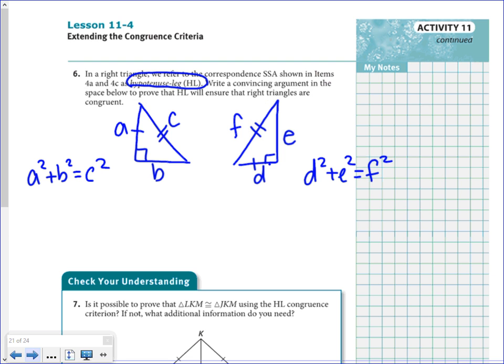So since we know that a and d are the same length, we know a has to equal d, and we know that c has to equal f. Since a equals d, we can say a squared equals d squared. And since c equals f, we know that c squared would equal f squared. So we can replace c squared with what f squared is, which is d squared plus e squared.